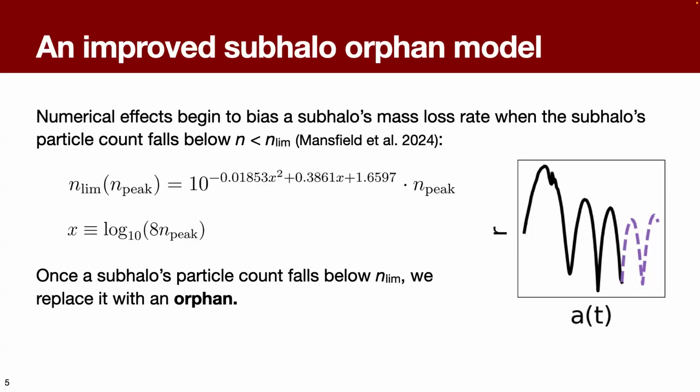So in our orphan model, once our subhalos fall below this limiting particle count, we replace it with an orphan subhalo. This is a pretty significant improvement over the typically used orphan models, because in most of those models, you don't initiate an orphan until after your subhalo loses it, without really considering whether or not the subhalo itself was a realistic physical system prior to that point.